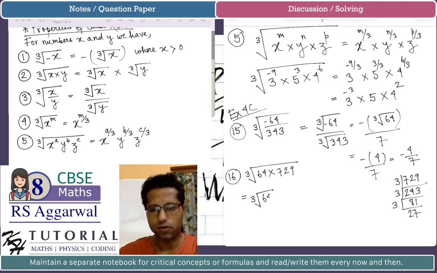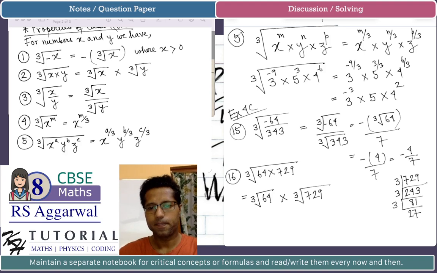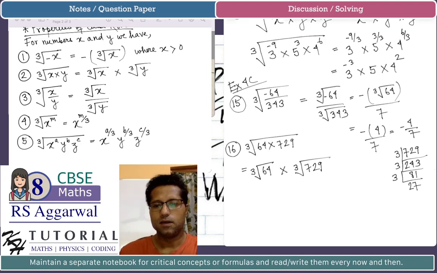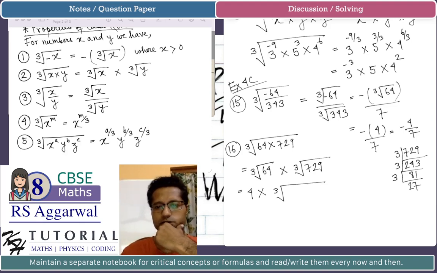Using the property 2, we can rewrite it as cube root of 64 multiplied by cube root of 729. Now we know cube root of 64 is obviously 4, and what will be the cube root of 729? For that, it is better if you express 729 as powers of prime factors.